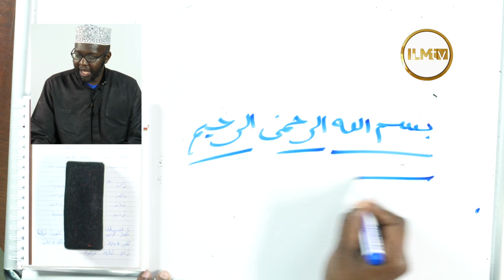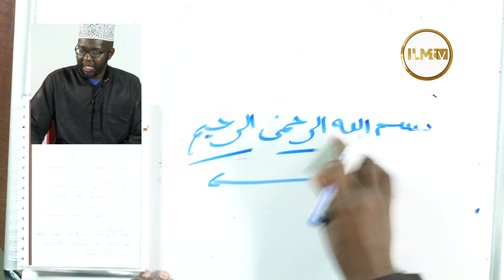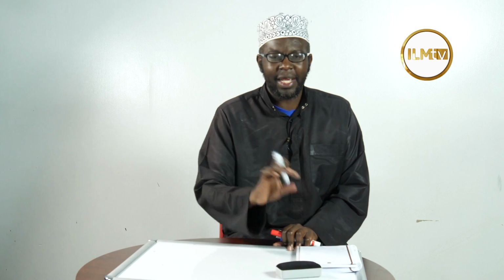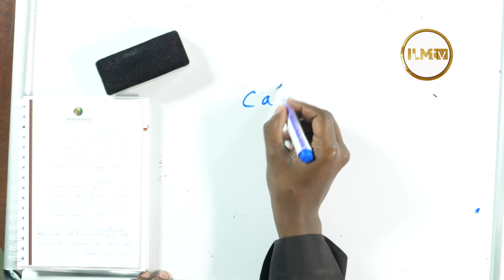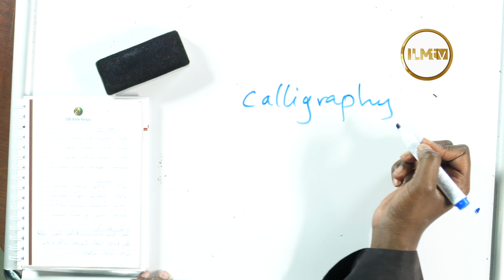We start from right, going left. Arabic has different forms of writing, like calligraphy. Arabic calligraphy has four different forms of writing.